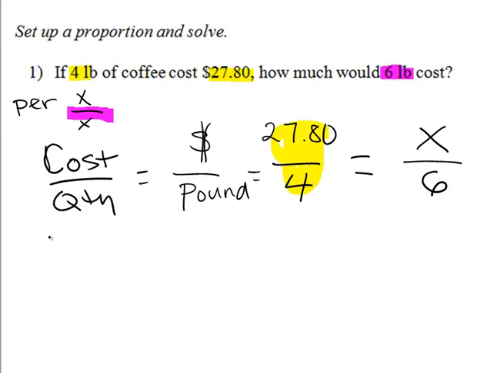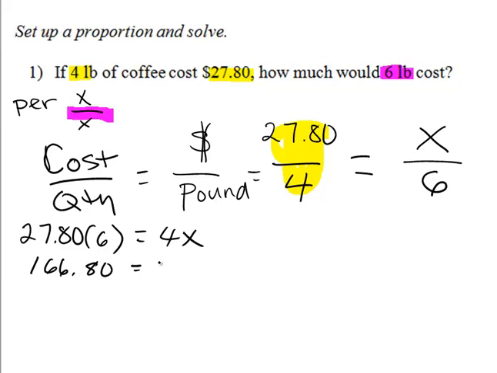And here we're just going to cross multiply, and I have 27.80 times 6 equals 4x. If I do all the math with the magic of television, I will have 166.80 equals 4x, and 41.70 will equal x.